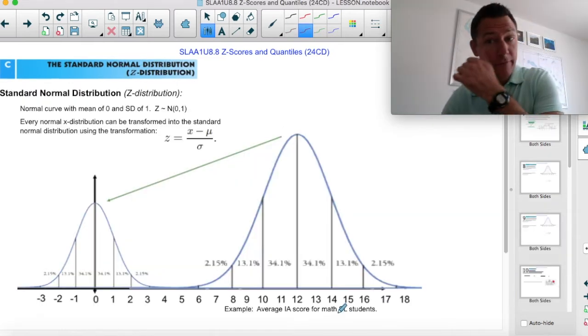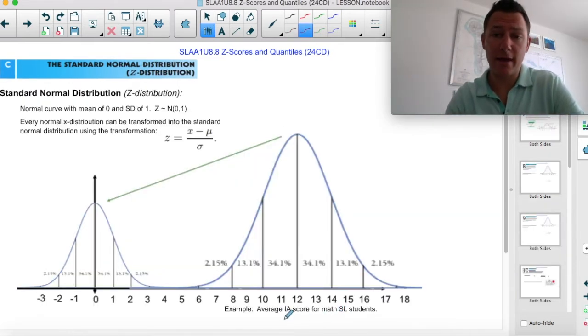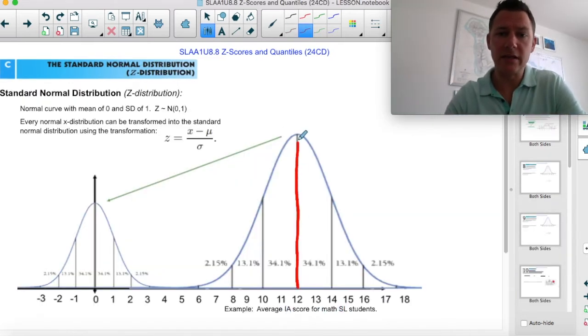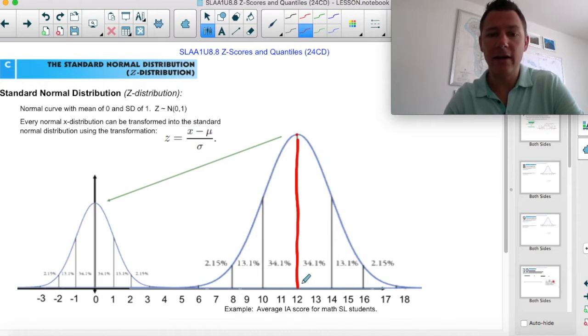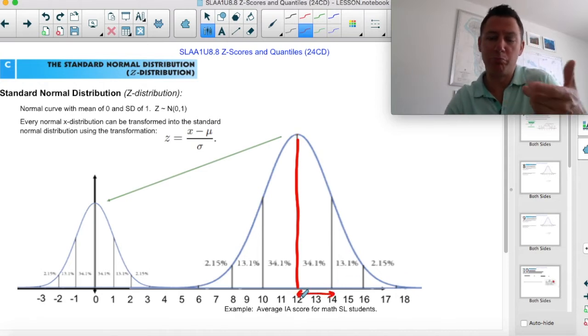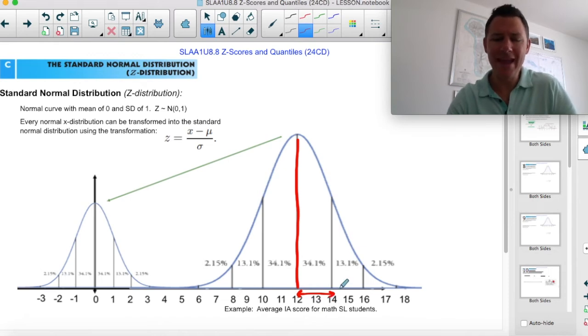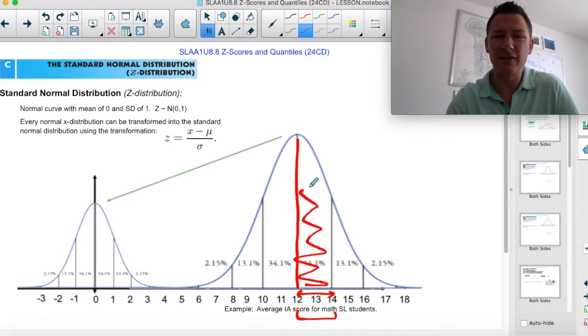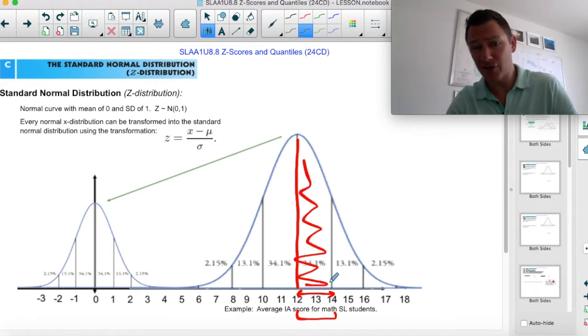If you went with the same idea for the math IA score, you could say here's the mean, what on average people got out of 20, and you can see this curve isn't exactly how it should look, but one standard deviation is 2 points wide, and sometimes that's hard to say, because we don't always know the standard deviation and such.